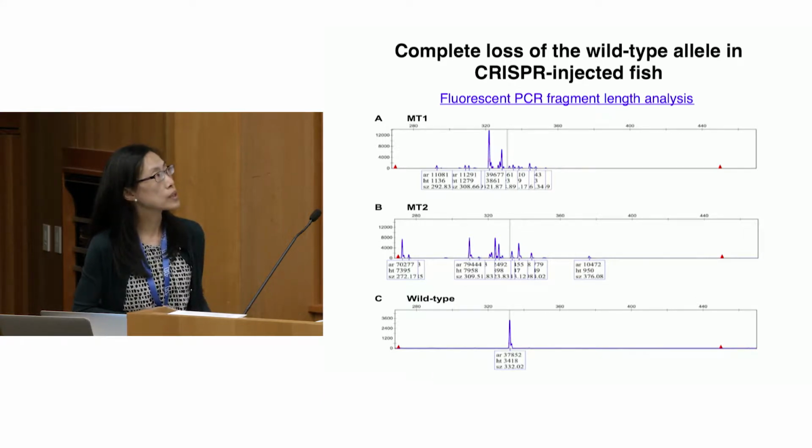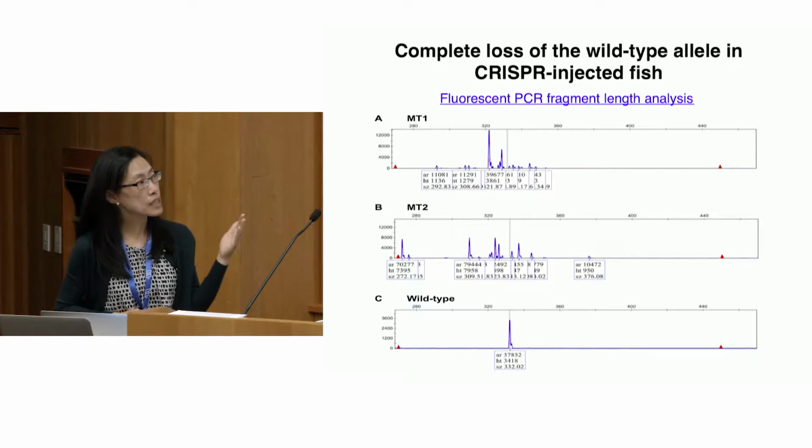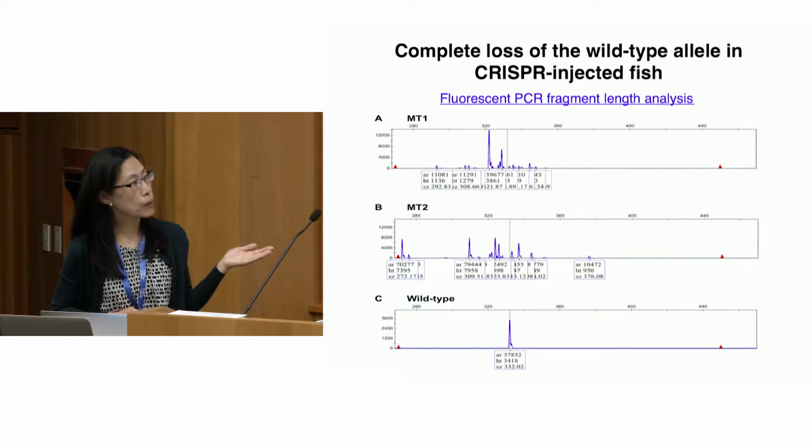When you conduct a fluorescent PCR and run the products on a DNA analyzer, the wild-type fish has one PCR product. However, in two CRISPR-injected fish, you can see a variety of mutant alleles and the complete loss of the wild-type allele.